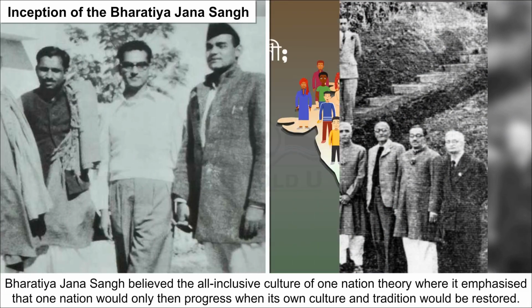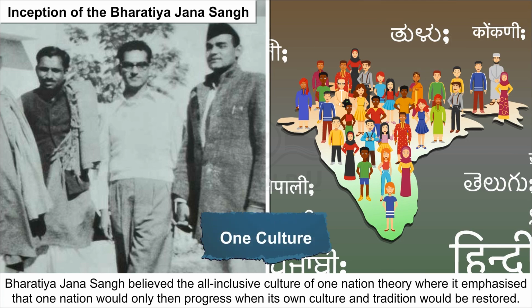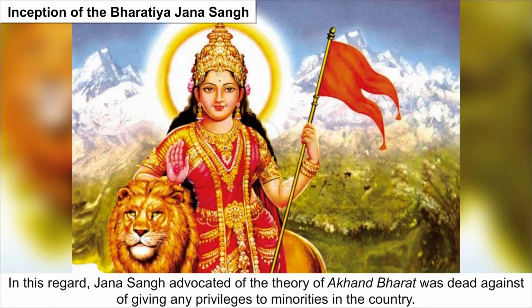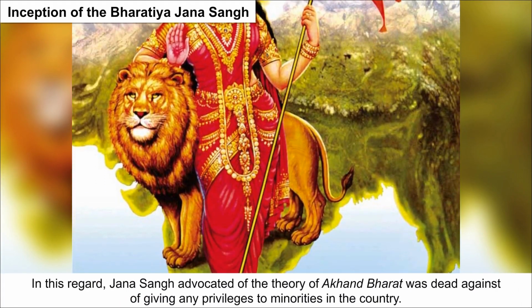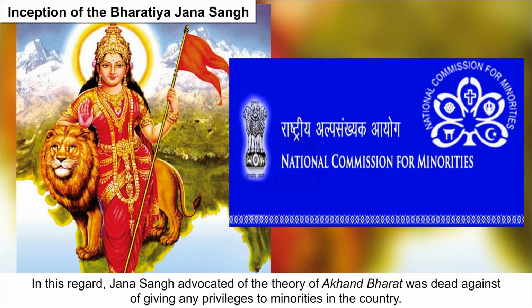Bharatiya Jana Sangh believed in the all-inclusive culture of the one nation theory, where it emphasized that a nation would only progress when its own culture and tradition were restored. In this regard, Jana Sangh advocated the theory of Akhand Bharat and was dead against giving any privileges to minorities in the country.